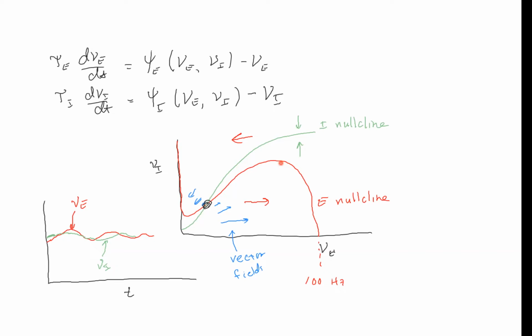Okay. So that should have been mainly recap, and all we've done is now made a convincing case that nullclines are steep.